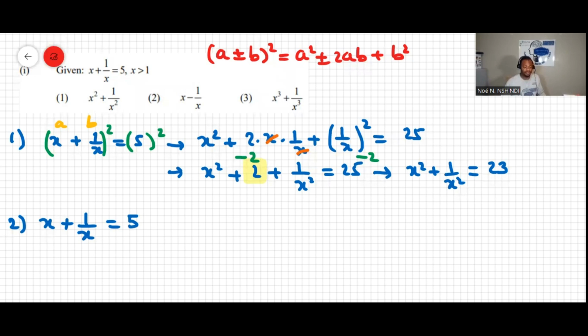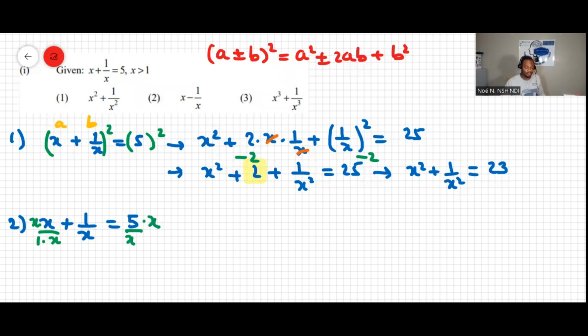If we want to get rid of the denominator, one way is we can times the whole equation by x. Here it's 1 over x, we times by x; there also we times by x; over there we times also by x.